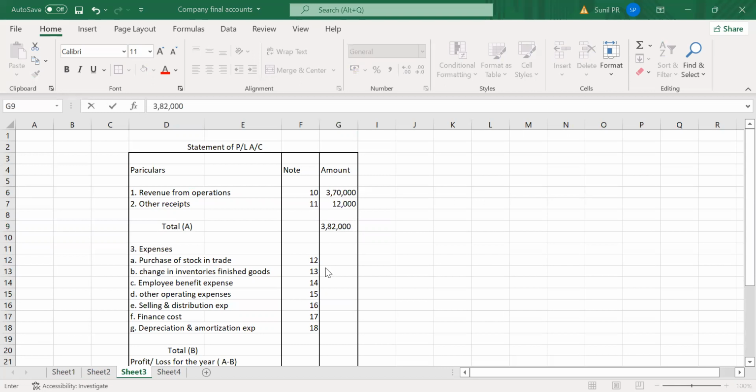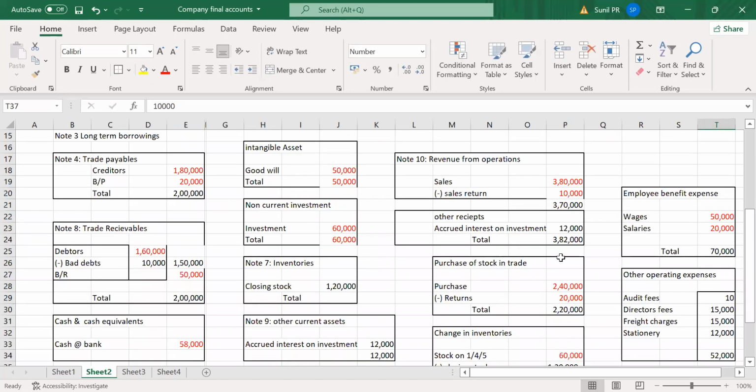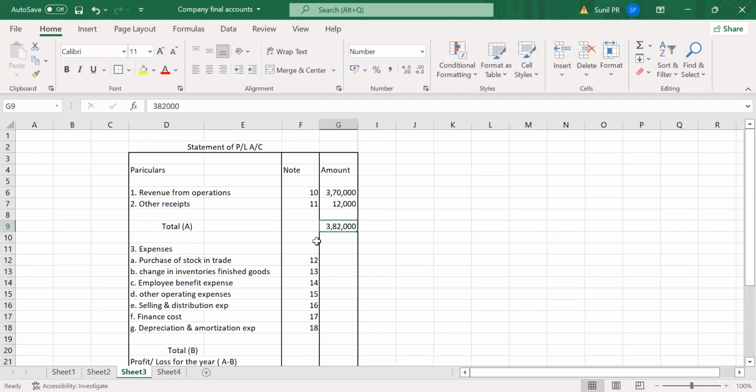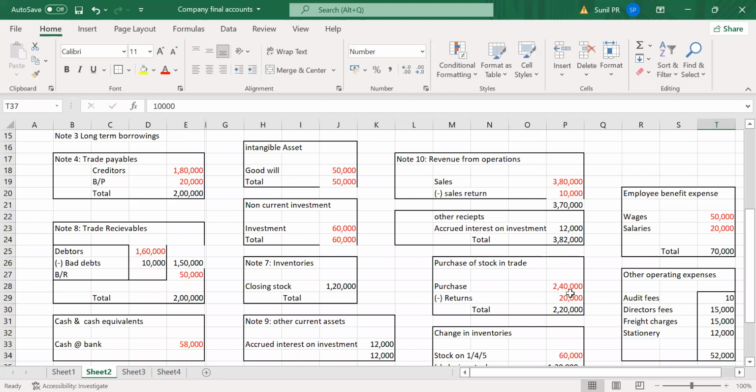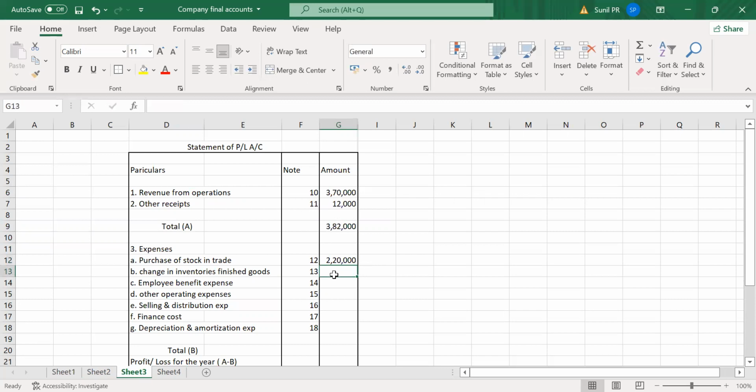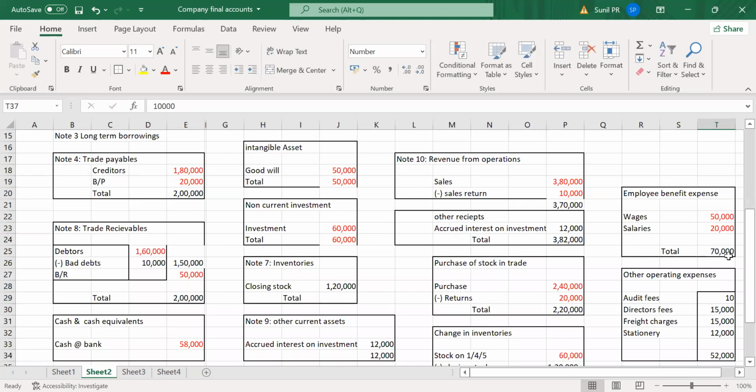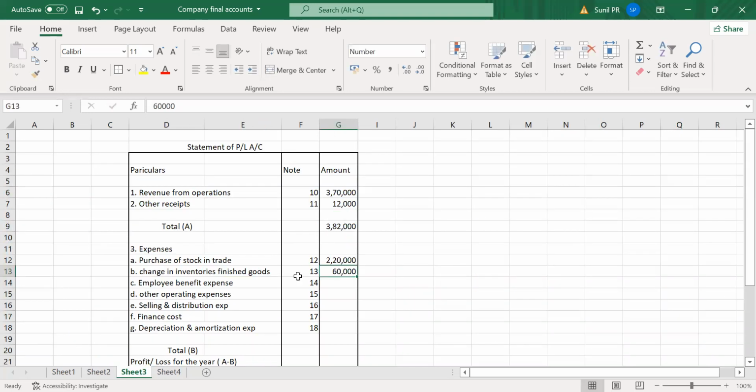Next, expenses. Purchases of stock in trade, you can see 2,20,000 is there, correct? So just write whatever was there in the question, 2,20,000. Changes in the inventories means opening stock minus closing stock, 60,000 we got. Employee benefit expenses total was 70,000.